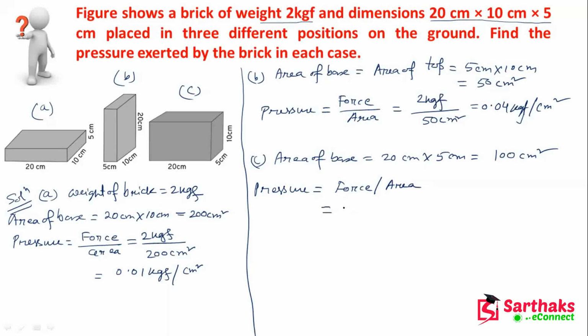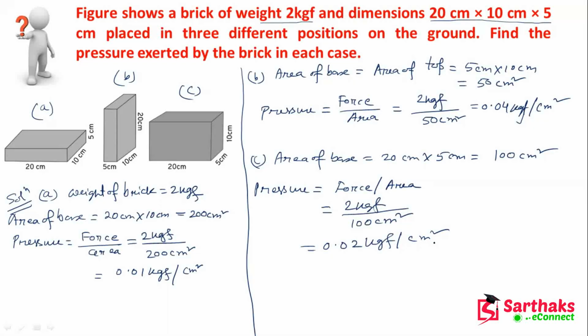So we can find out 2 kgf, that is the force, divided by 100 centimeter square, that means 0.02 kgf per centimeter square.